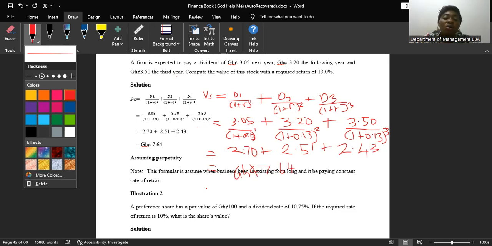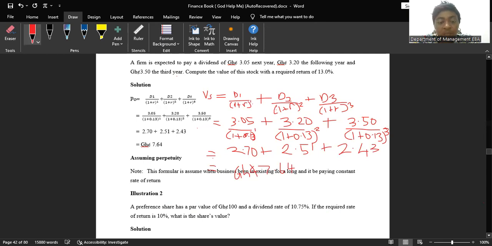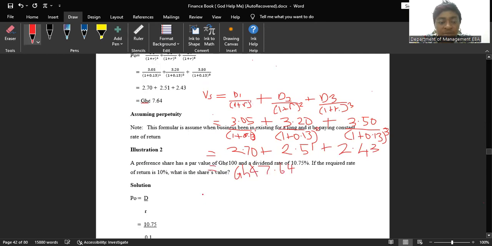From time value of money, we talked about assuming perpetuity.